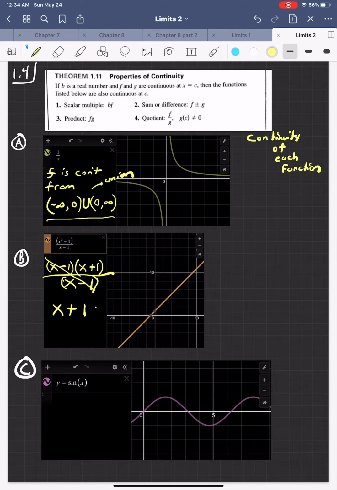You would have to make sure you tell your client that x cannot equal 1. Even though we did a little algebraic manipulation and could cancel some like factors, you cannot cancel out the fact that x cannot equal 1.